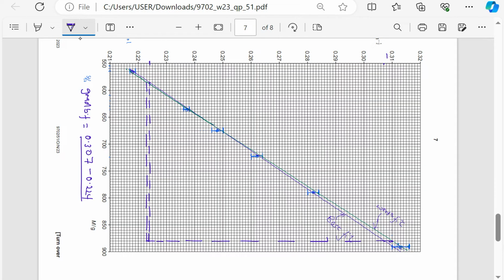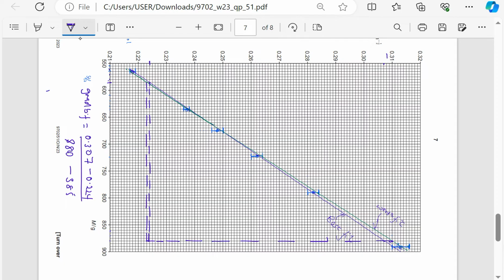Divide by, on the x-axis we have 50, 60, 70, 80, so that is 880 minus, this is 50, 60, 70, 80, 85. So there's 585. So that is for the best fit.